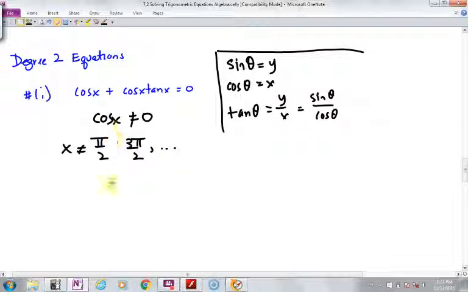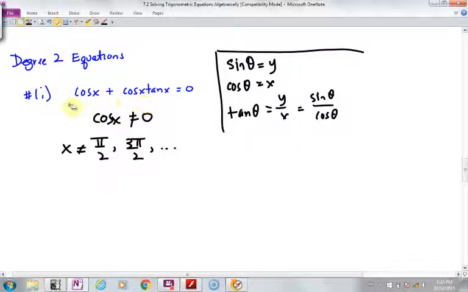So those are where the asymptotes are for tan, right? Those are the non-permissible values. Okay, so I'm pointing that out now. So we're thinking about non-permissible values anytime I have tan or cotan or cosecant or secant in an equation, because they all have denominators. Cosine and sine don't have denominators.